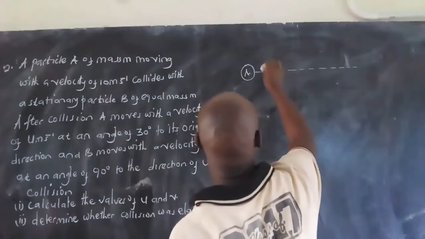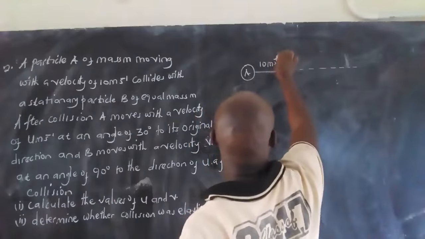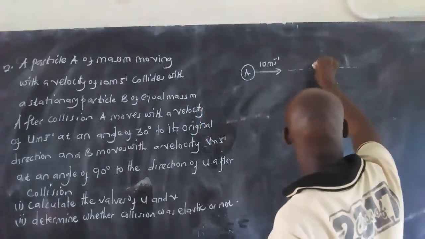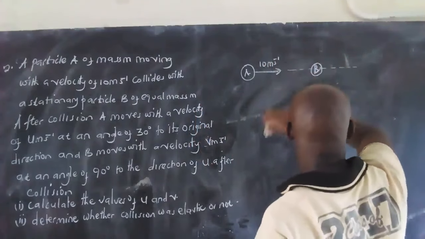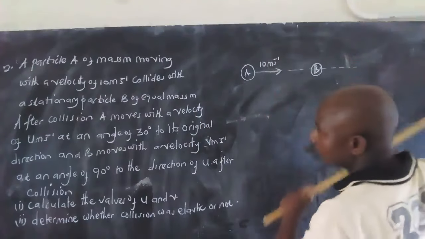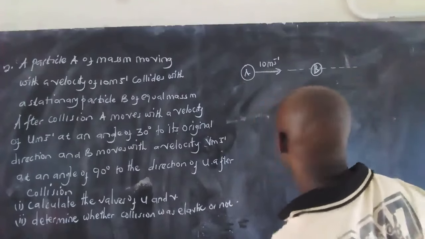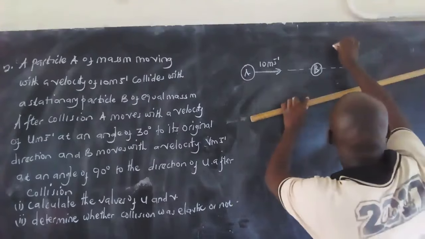Moving with the velocity of 10 meters per second, particle A collides with another particle. The particle B is here. This is B. After collision, A moves with the velocity of U at an angle of 30. So A moves here.